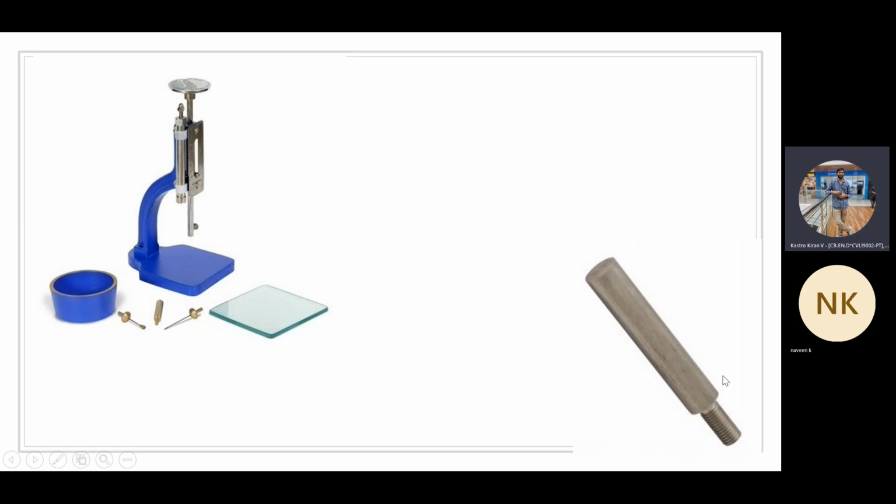The first needle is called the plunger. You can see the diameter of this needle is very large. This is the needle that you are going to use in order to perform the standard consistency of cement. You can see the thread portion at the bottom.